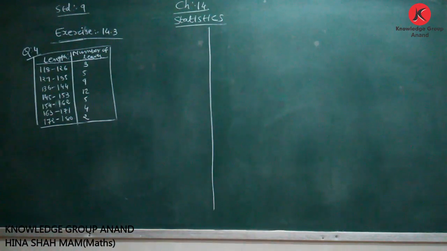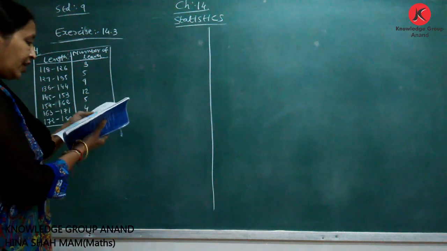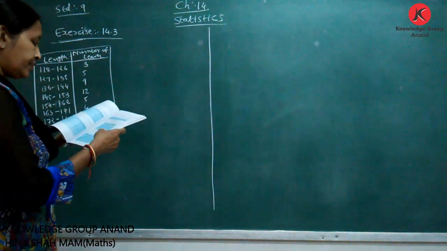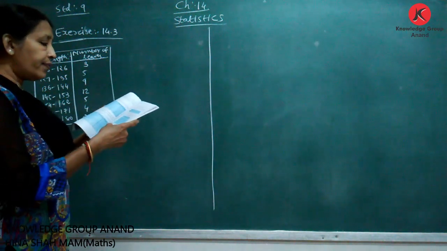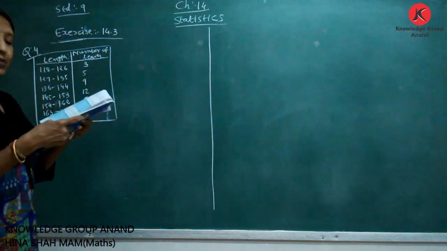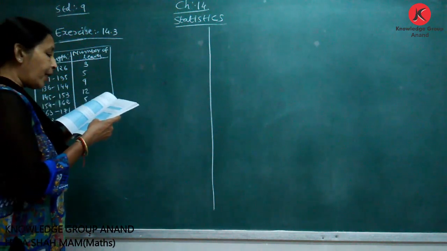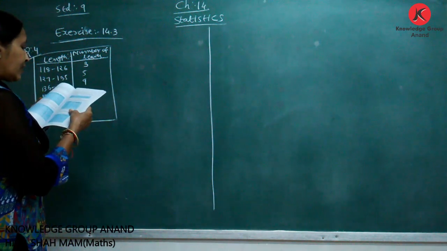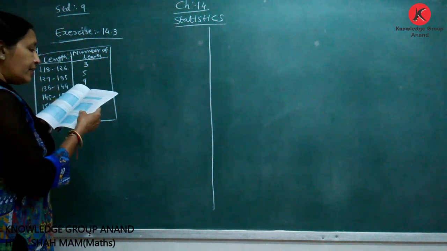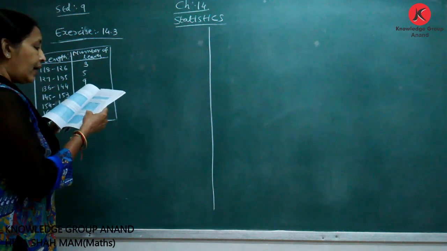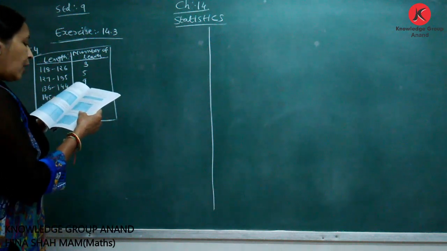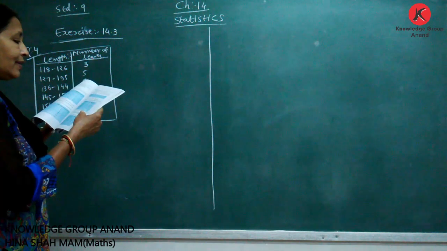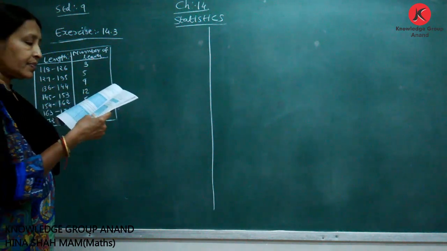Now, good morning. Question number 4, Exercise 14.3. The length of 14 leaves of a plant are measured correct to 1 millimeter, and the obtained data is represented in the following table.